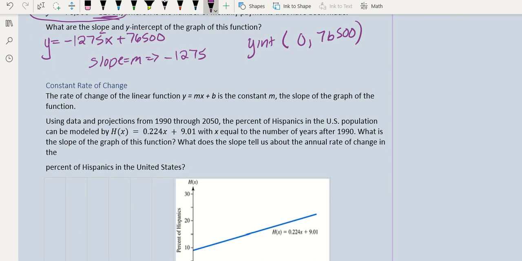So a rate of change of the linear function y equals mx plus b, and m is the constant, the slope of the graph, right? So what I mean by that is a rate of change is always or can be denoted by the slope. It is the same exact thing. We're just trying to say it in a slightly different way.